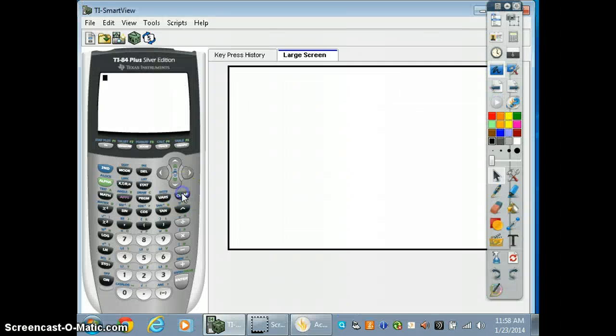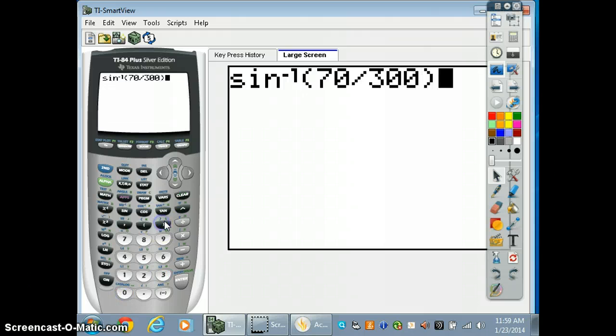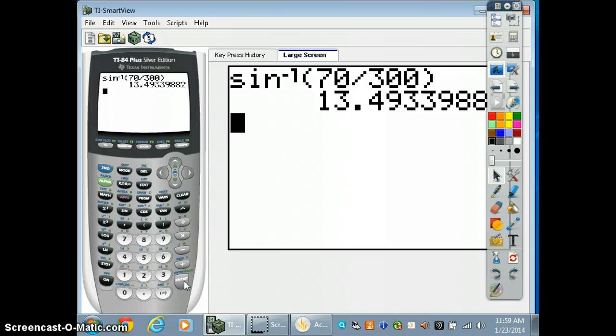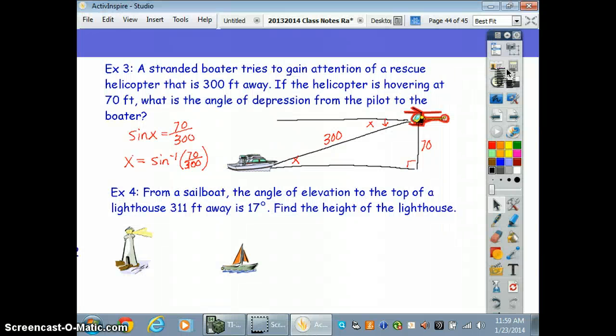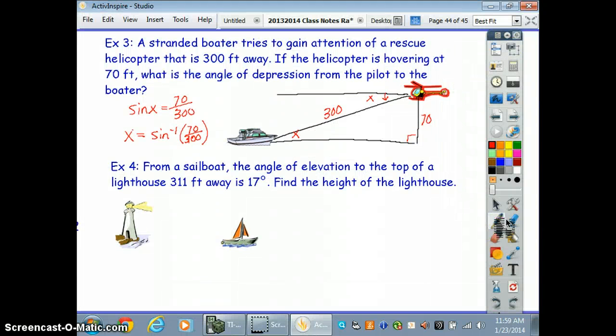Remember, angles are shifty dudes, so we'll hit second sine, and we'll put in 70 divided by 300. And it looks like the angle is about 13 degrees. Okay, so that's 13 degrees here.